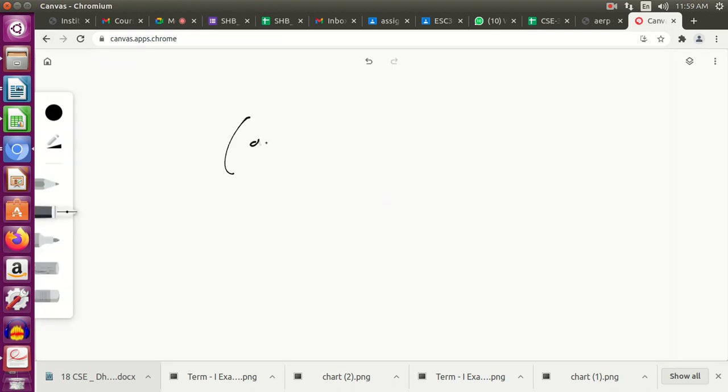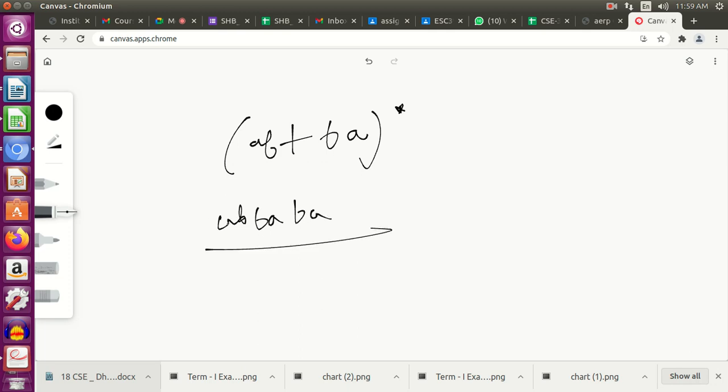First of all, our regular expression is something like this, right? That is any combination of AB and BA. So it can be AB, BA, again BA, something like this. This is a string that we can get out of this regular expression.